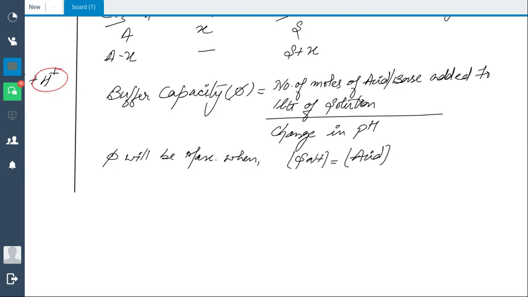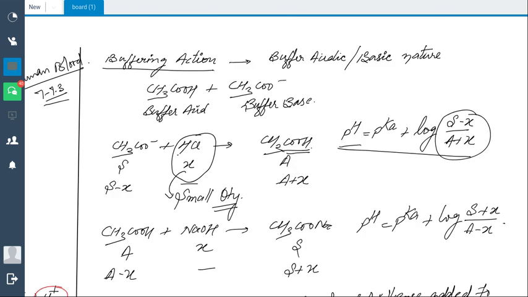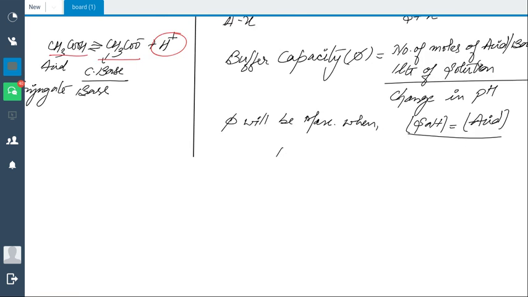Now you would ask me, sir, how come? See, what is the expression of pH? pH is pKa plus log of salt by acid. If the concentration is the same, this value will become equal to 1.